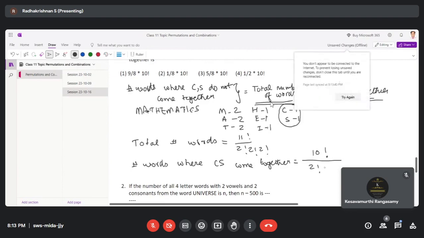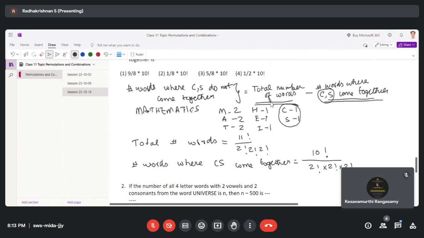Sir, what if we interchange C and S? Yes, exactly. So what should we do for that? Multiply it by 2 factorial? Multiply by 2, correct.